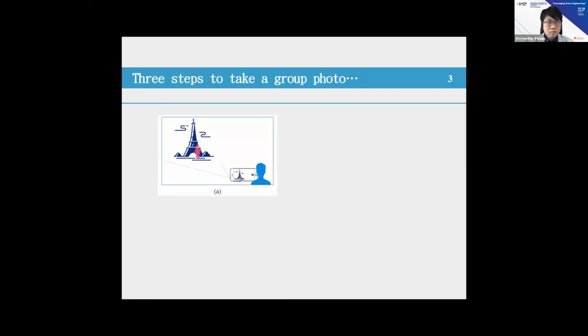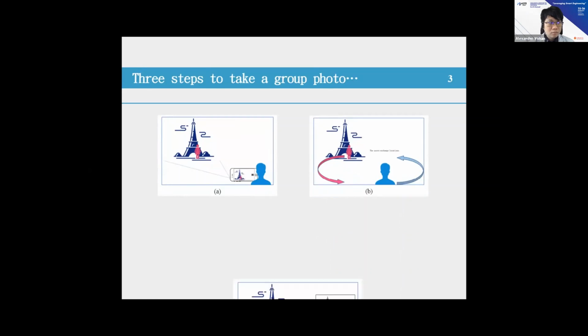So the first one is that we assume, like in this example, the gentleman is taking a picture of a lady first. So once this photo is done, then we can try to switch their positions.